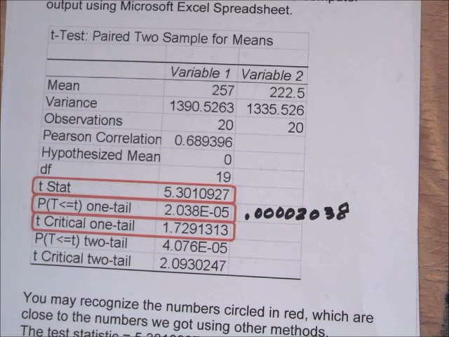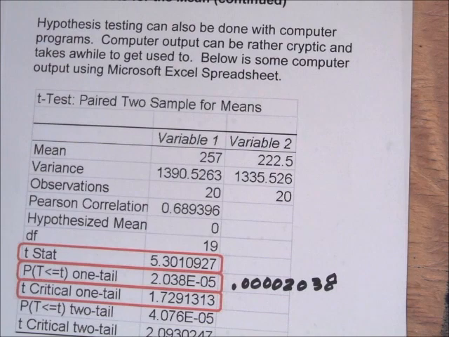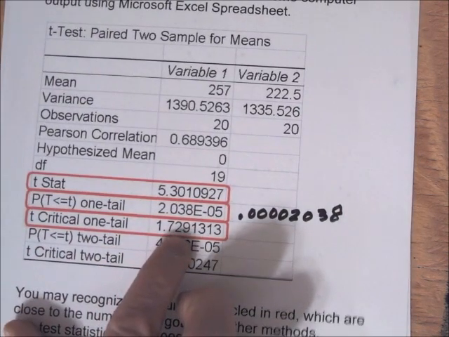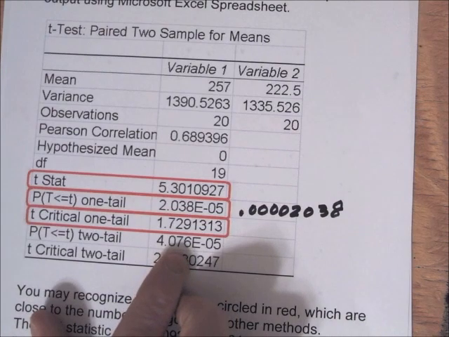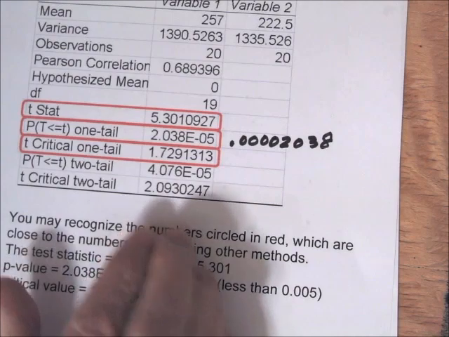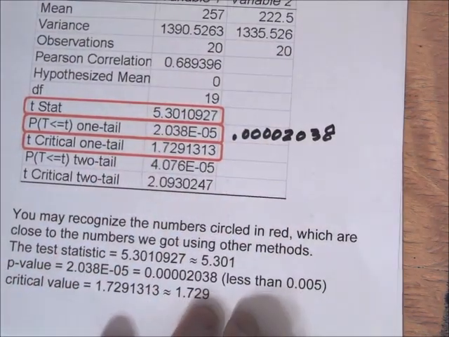The critical value for 95% confidence is 1.729 something, which we got from the table, and that's what we compare our test statistic to.